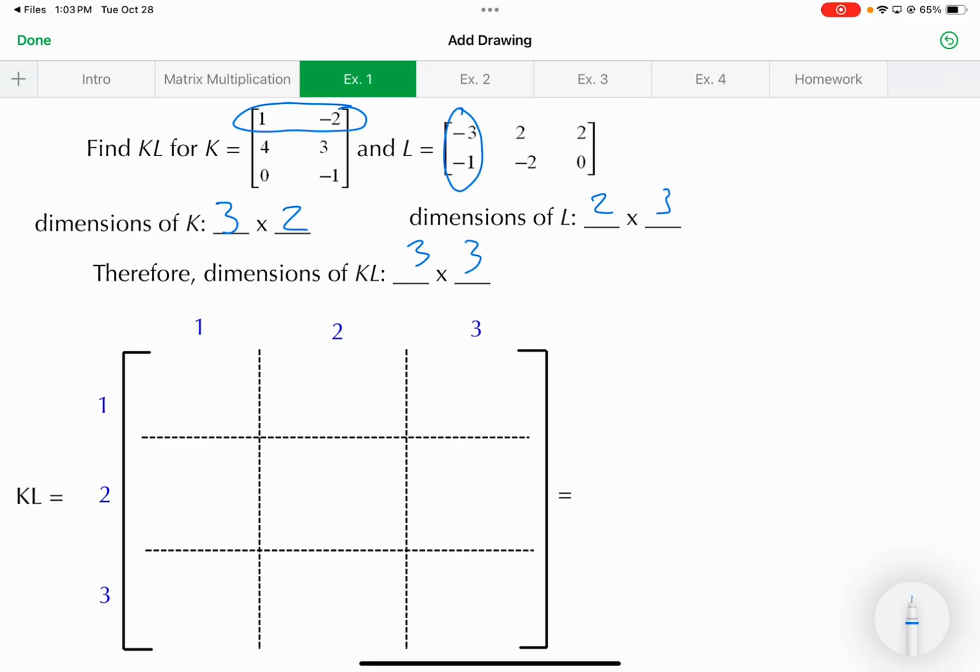What do I multiply? 1 with the -3, and then separately, the -2 with the -1, right? And then what do I do to those values? You add them together. So it's the sum of the products. So I'm going to do 1 times -3, so 1 here, -3 here, plus -2 times -1.